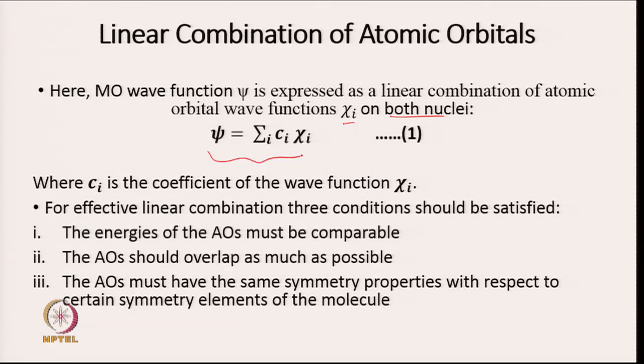So the wave function for the molecular orbital is given by the sum of c i, the coefficient, times chi i, the wave function of the atomic orbital. For a diatomic molecule, there will be two terms here.